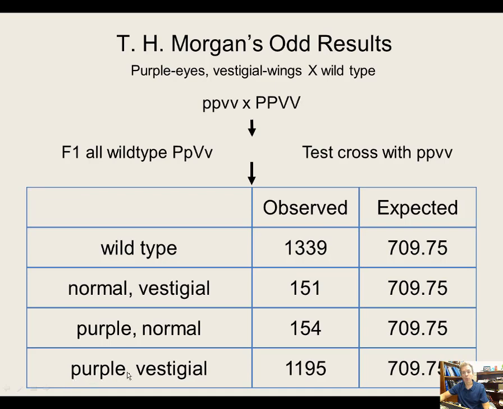And the same with the purple vestigial double mutation, exceeded the number you would expect. However, the single mutants, the normal eyes but vestigial wings, was much reduced compared to what you would expect. And same goes for the purple and normal wings. So what's going on? Why are these numbers not matching expected numbers? We expect a 1-to-1-to-1-to-1 ratio in the phenotypes.